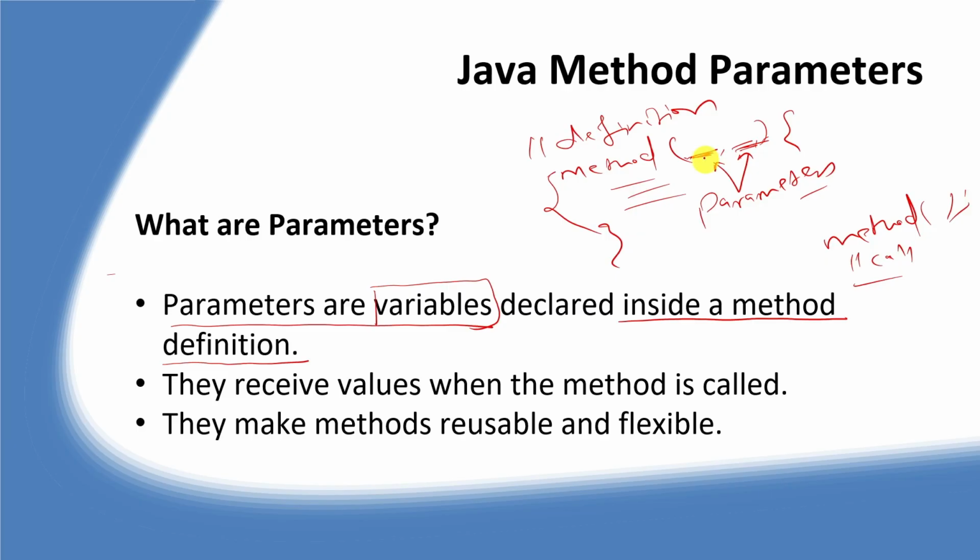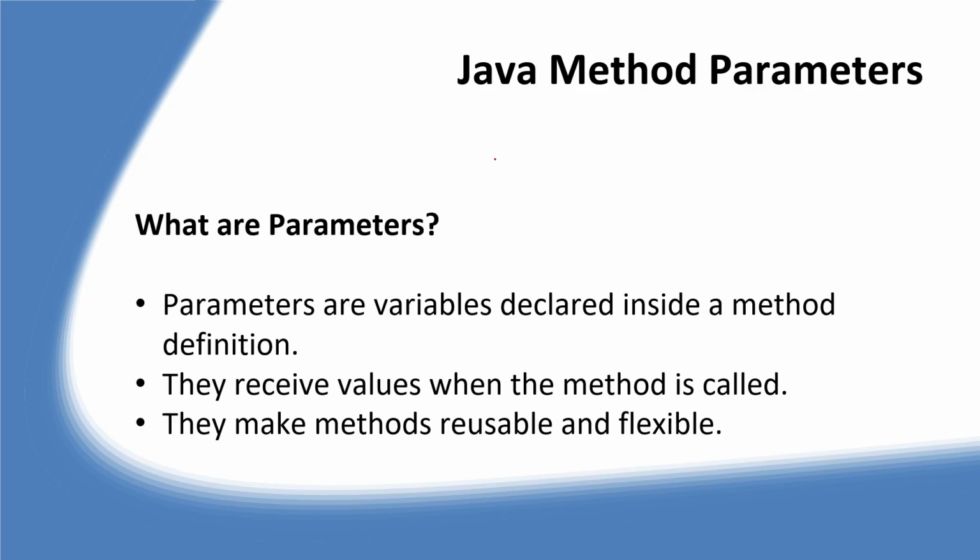Or instead of using fixed values, we can pass different values from the method call, and those values will be utilized in the method definition. Okay, we will see examples so we'll have better clarity.